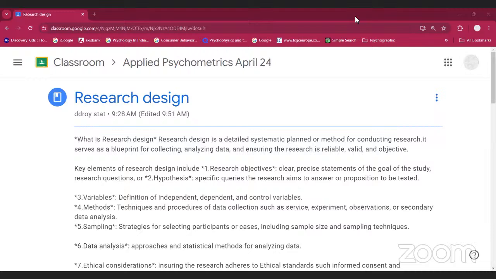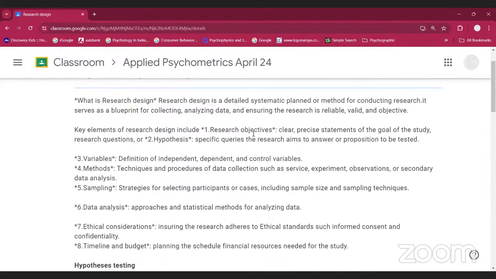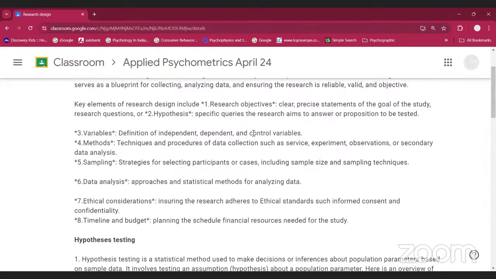Sampling strategies for selecting participants or cases, including sample size and sampling techniques. Sixth one is data analysis, approaches and statistical methods for analyzing data. Seventh is ethical considerations, ensuring the research adheres to ethical standards such as informed consent and confidentiality. Eighth point, timeline and budget, planning the schedule and financial resources needed for the study.